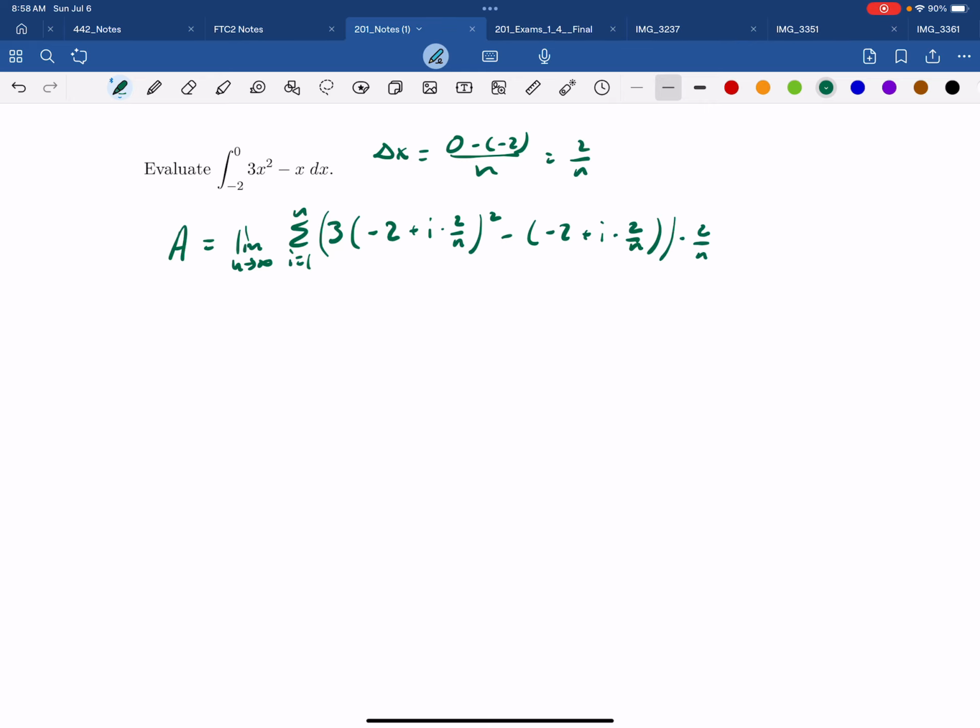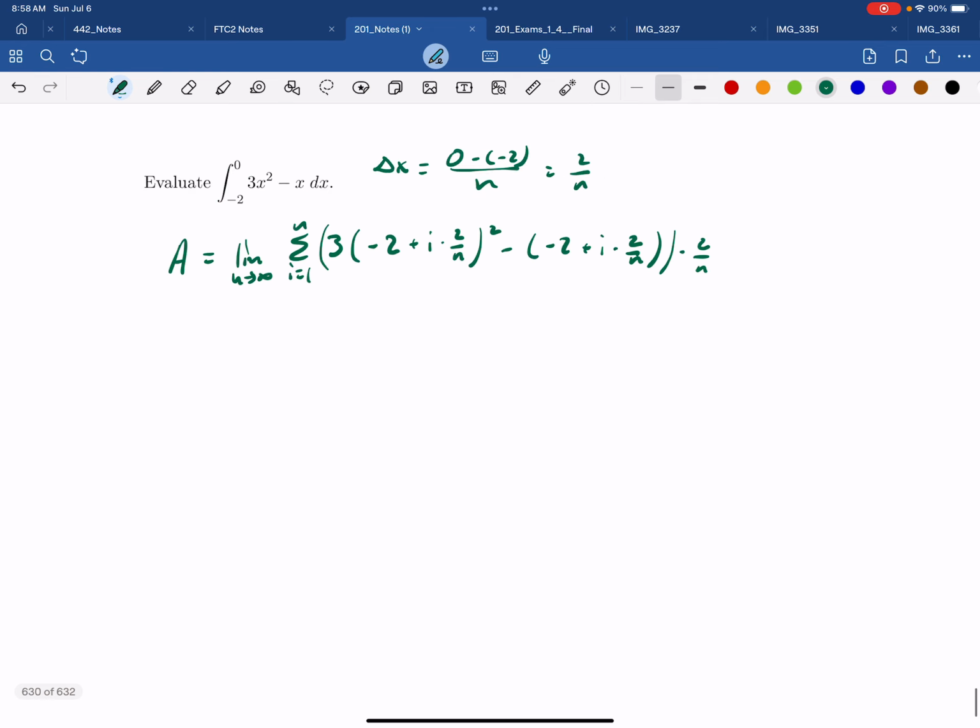Ugh, lovely. All right. So what we're going to do, we're just going to do this all out. Simplify a bunch of stuff. Keep this limit of the sum. First off, we're just going to multiply all this out, right? Just FOIL it. We get 4 minus, let's put it like this, minus 4 over n.